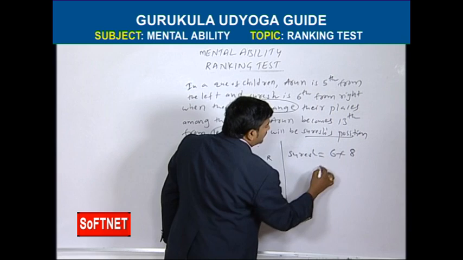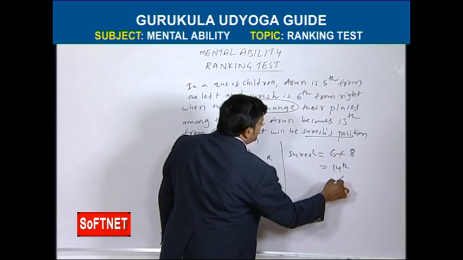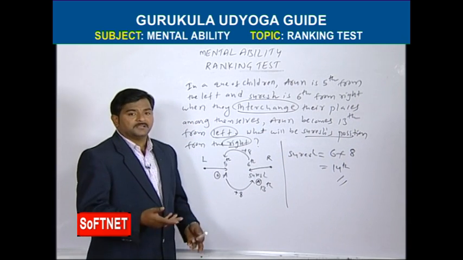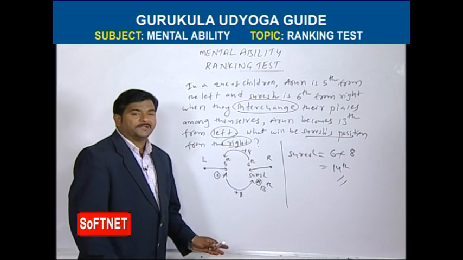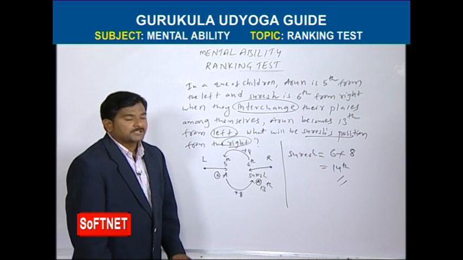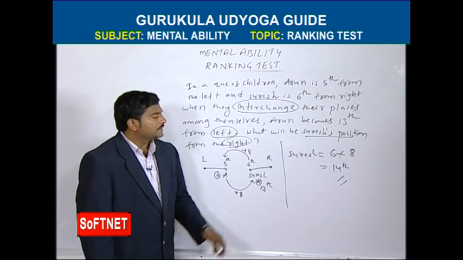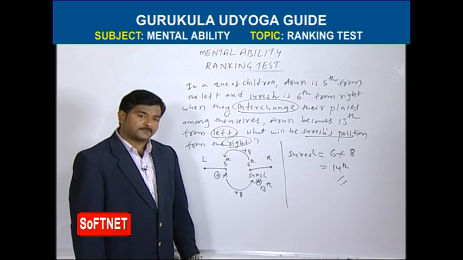Okay, 6 plus 8. Therefore, Suresh's position from the right is in which position? 14th position. He doesn't want the total number of objects. He wants Suresh's position from right. Therefore, Suresh occupies 14th position from right side.